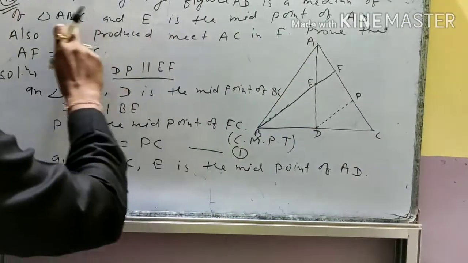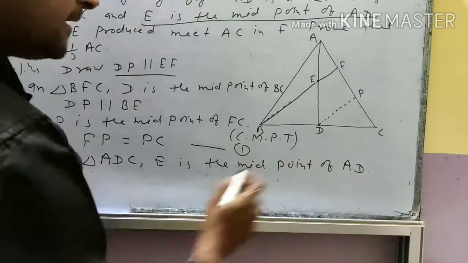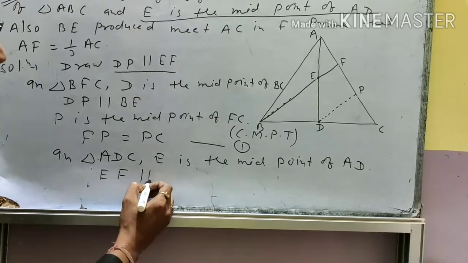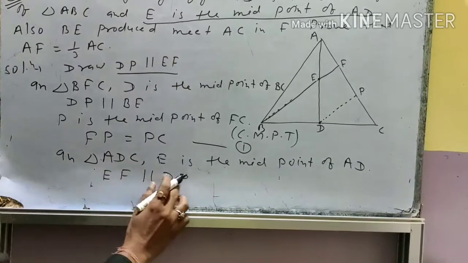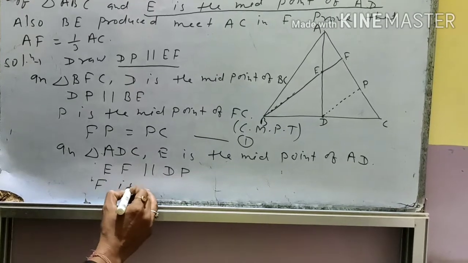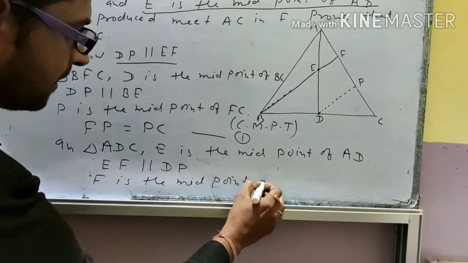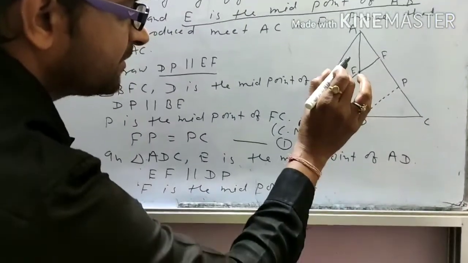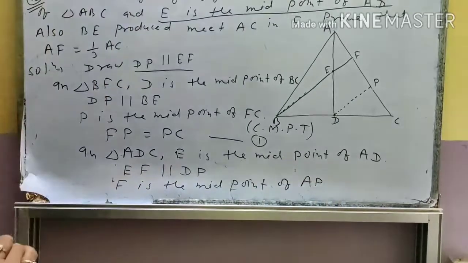E is the midpoint of AD, and EF is parallel to DP. Draw EF parallel to DP. So we can write here F is the midpoint of AP.